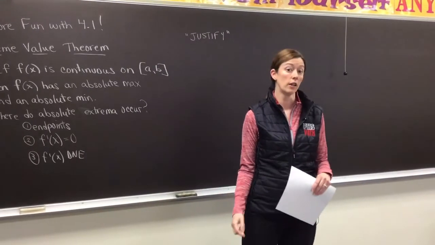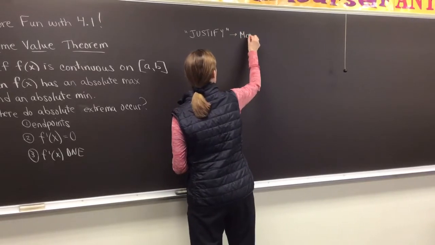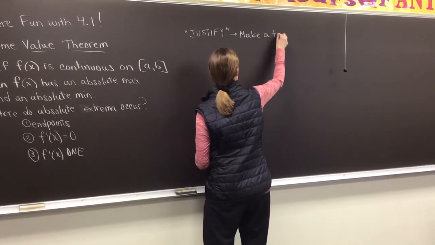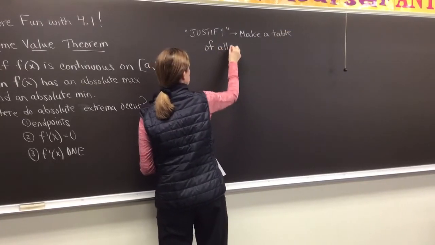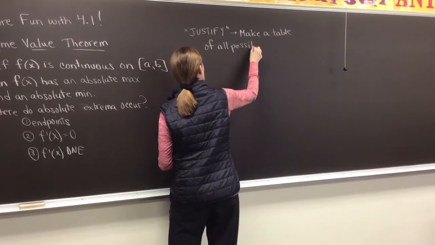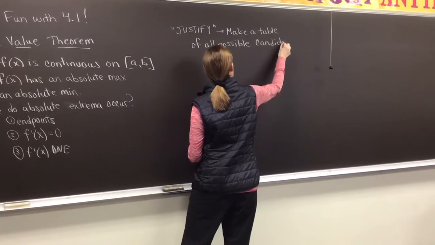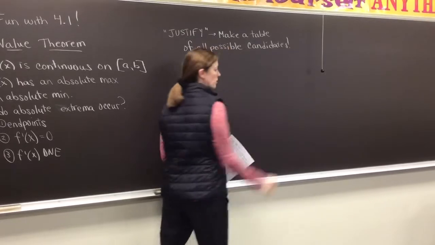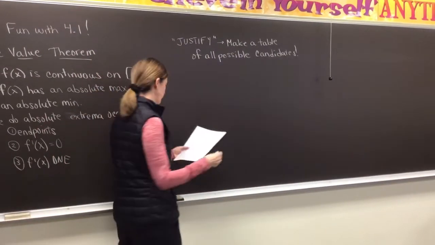If you need to justify, you are going to make a table of all the possible candidates. Okay, so you're kind of exploring these three possibilities and where the winner is.